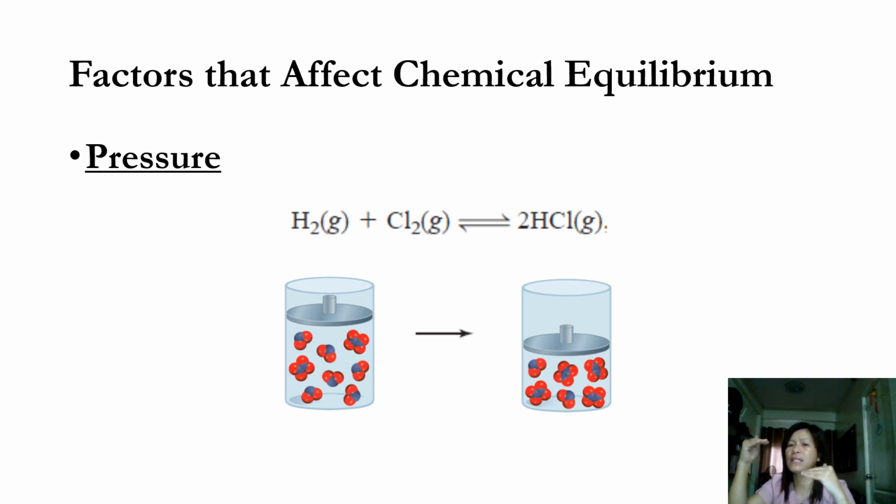And for the reactant side to relieve the stress, the shift must move forward, towards the right or the product side, in order to relieve the stress and re-establish equilibrium. If the product has more moles of gas, then increasing pressure is putting stress on the product side. And for the product side to relieve the stress, equilibrium must shift to the left, or to the reactant side, in order to re-establish the equilibrium.